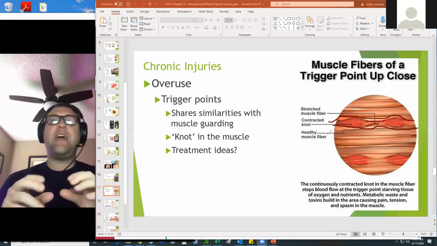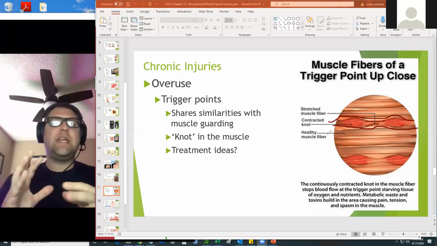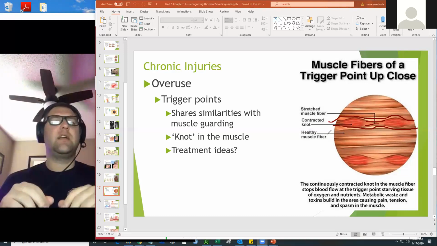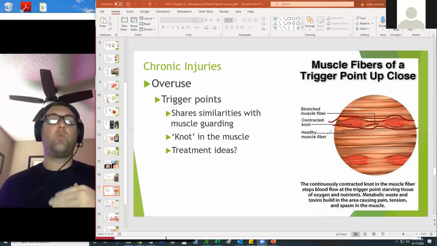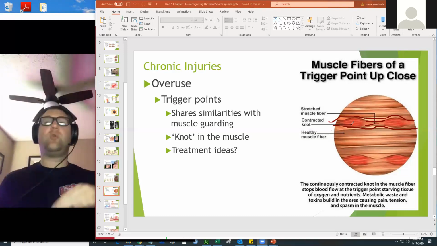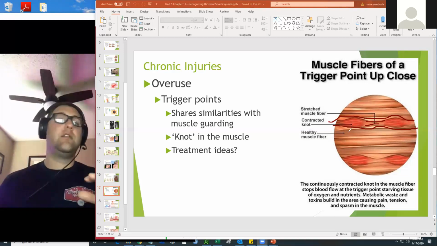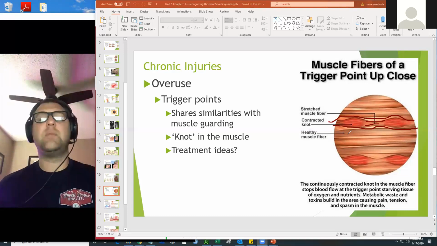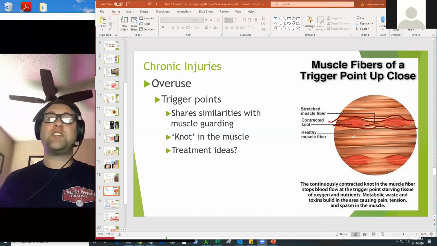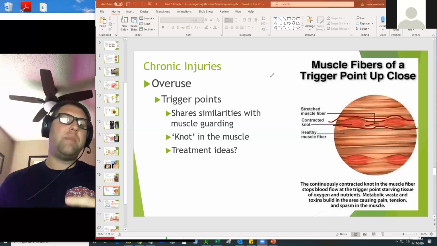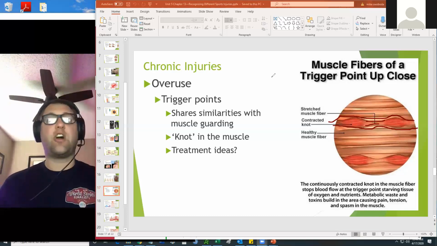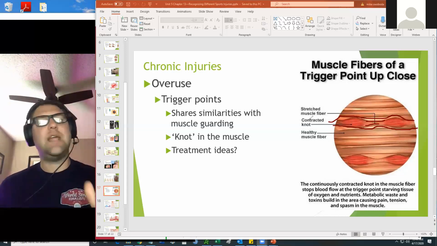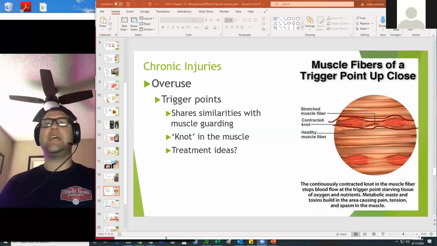With that, it misshapes, and that's what gives you that knot feeling. So when you work out a knot, you're actually reconditioning or repositioning the muscle fibers and the fascia surrounding the muscle. That's why it hurts, because you are essentially working out what amounts to a dent in your car. It takes a lot of force to get that dent out, the same way it takes a lot of effort to get a knot out of your body.